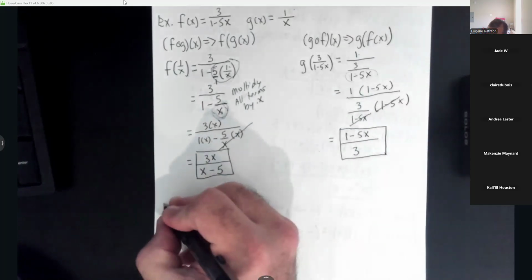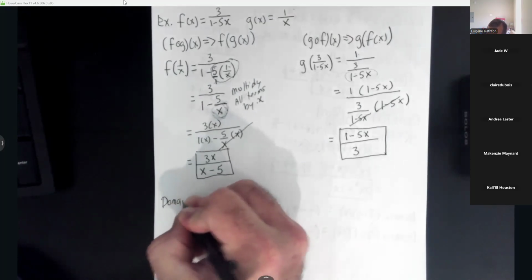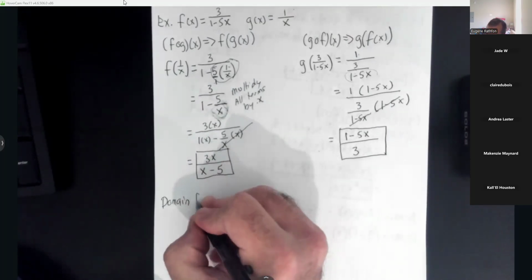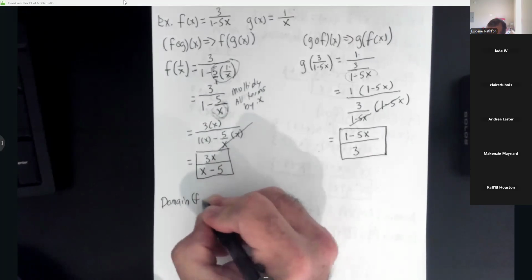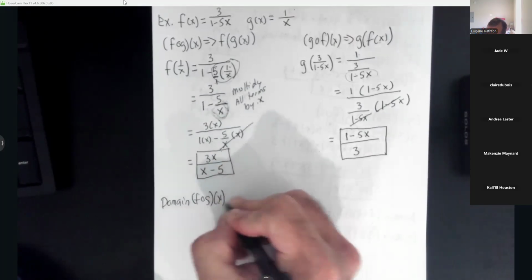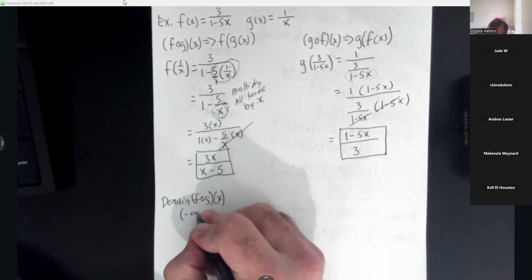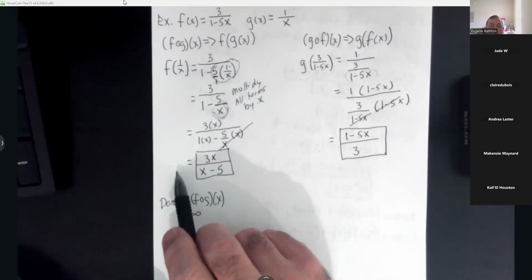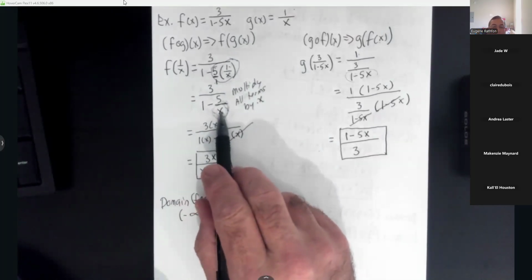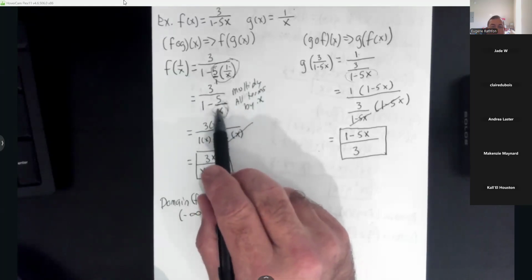All right, so let's play with the domain of our f of g of x. Our domain will start at negative infinity, but we have to see what numbers we have to kick out. At this point right here, x cannot equal 0, because if you put a 0 in, 5 divided by 0 is undefined.